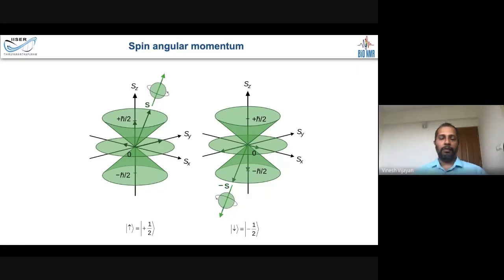Since obviously we cannot see the spins of electrons and things like that, we have to use a vector picture. We said that spin angular momentum is an angular momentum. So what is an angular momentum? Angular momentum is a vector, so it has a magnitude and it has a direction.